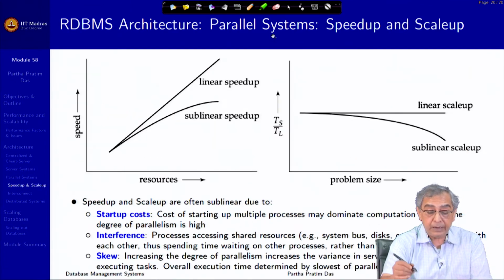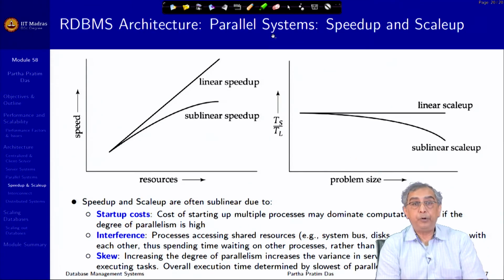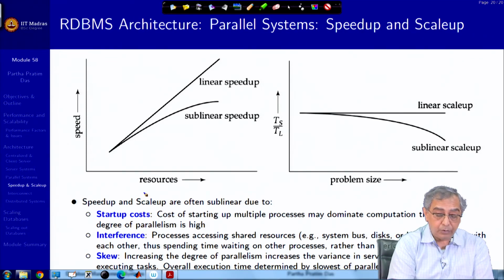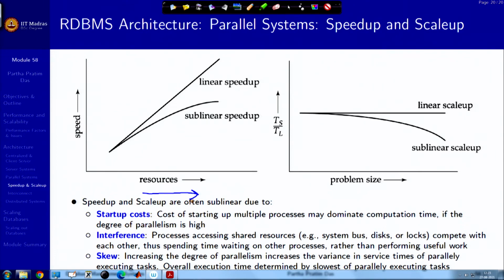If you look at the typical plot of how it grows, as you grow the number of resources, in the first case for speed up, the speed up expected is linear at best, but it typically is sublinear. It grows more slowly than linear and starts flattening out. Similarly, if you take the second case, if you increase the problem size, then the scale up also does not remain flat or linear.